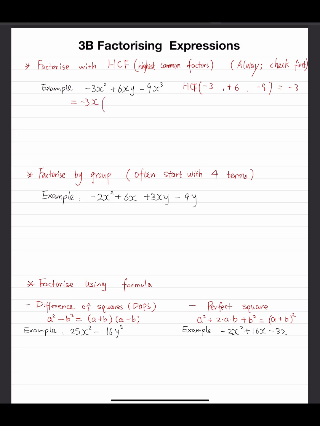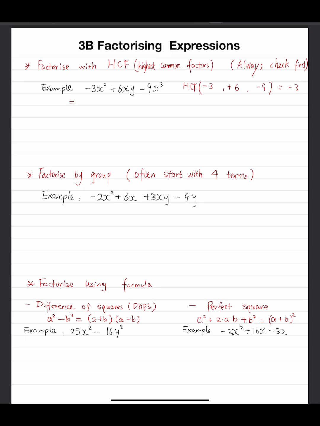Once we identify the highest common factor for each of the terms, we take the highest common factor out and we put the remaining factors in. Here I'm doing it slowly by rewriting each term in factor form so you get a better understanding of how we go through this process.